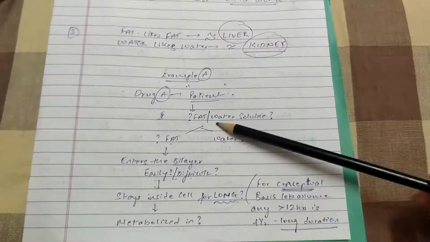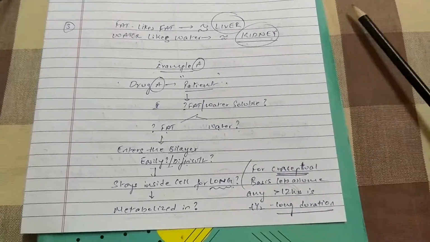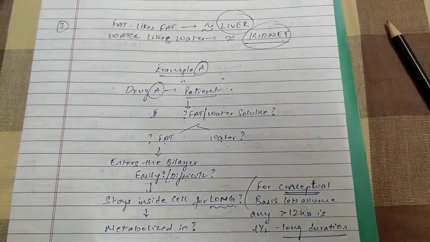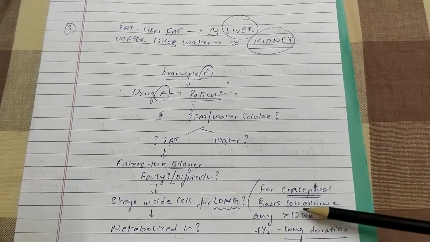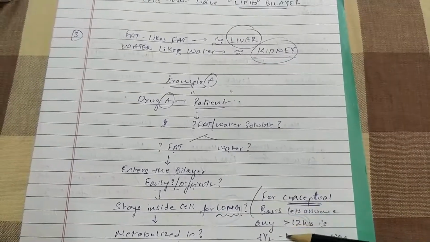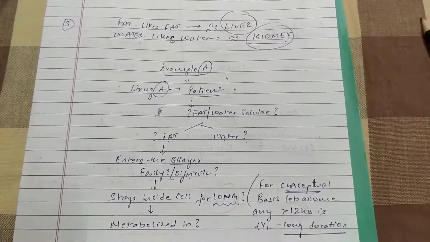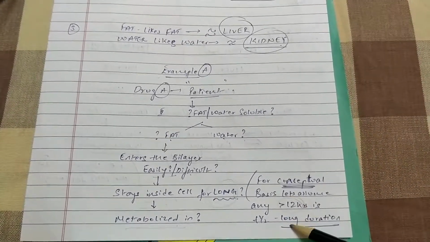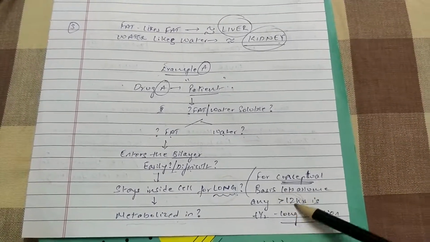Let us apply the same concept to the water-soluble drug. Whenever I look at a drug, I would like to see the half-life. Let us say that the half-life of a drug is maybe 6 hours. For all practical purposes, anything that is more than 12 hours is considered to have a longer duration, and anything less than 12 is short duration.